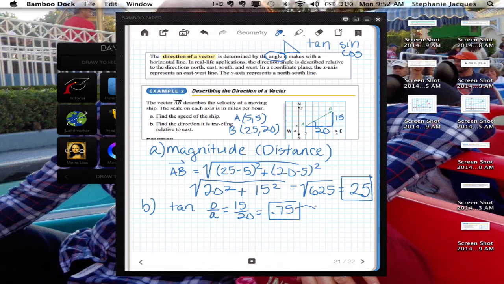And so what I need to do is plug that into my calculator, and I'm going to put the 0.75. And remember, I either put INV or second, depending on what your calculator is, and then put tangent. And so what you'll get there is approximately 36.9 degrees. So that is going to be your direction. So it's traveling 25 miles per hour at 36.9 degrees.